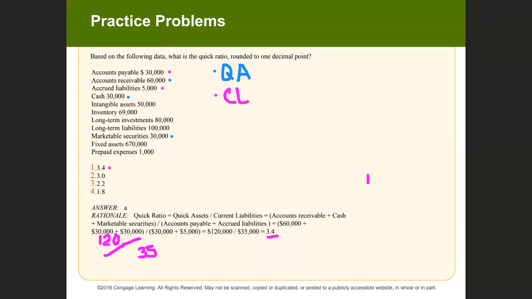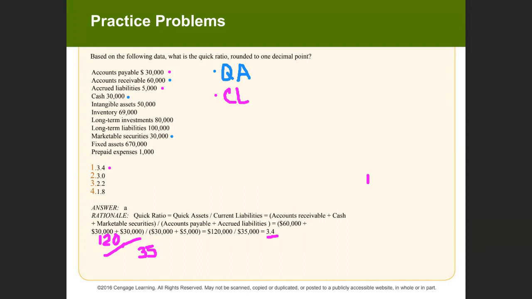Intangible assets are things that are not quick, they're hard to convert. Inventory, you have to sell. When you're looking at these accounts, you're trying to figure out quick or liquidity. With inventory, you have to sell that inventory, so it's not really something you can quickly convert to cash.